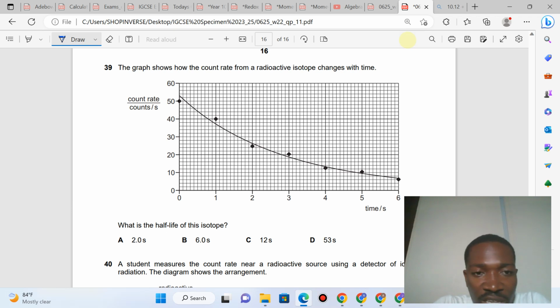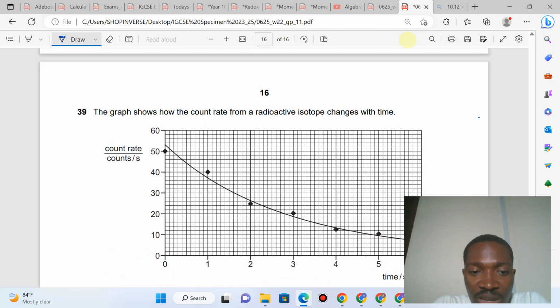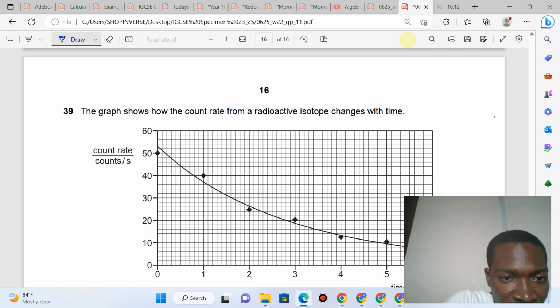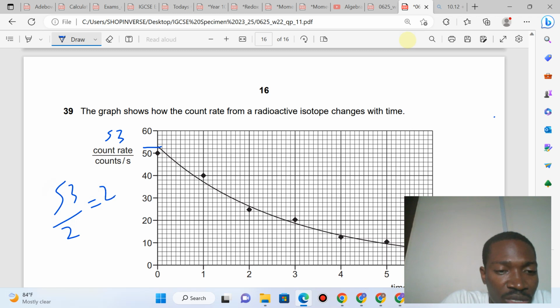So initially, looking at the amount of material present from the very beginning, we have 53. Half of 53 will be what? 53 divided by 2 will give you 26.5.